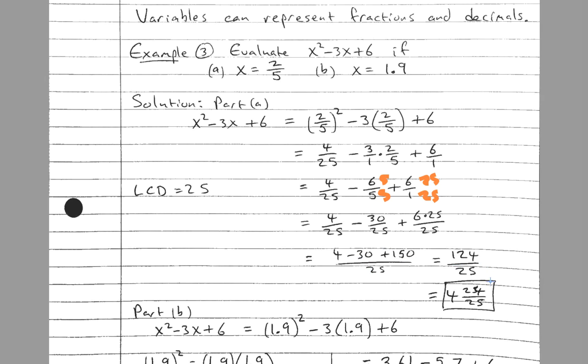So we get this answer as a mixed number. 25 goes into 124 4 times, remainder 24, so it's 4 and 24 25ths. If a fraction or a mixed number gets substituted, you expect a fraction or a mixed number to come out.